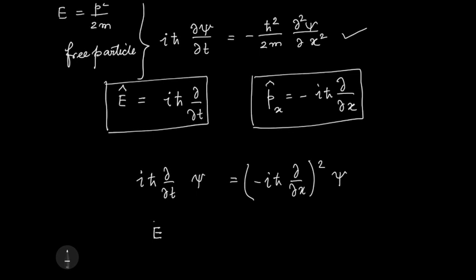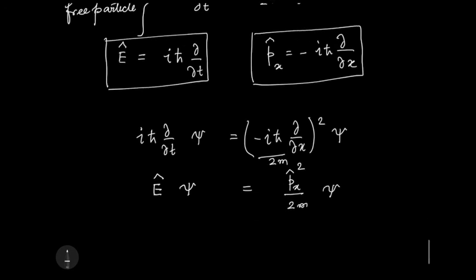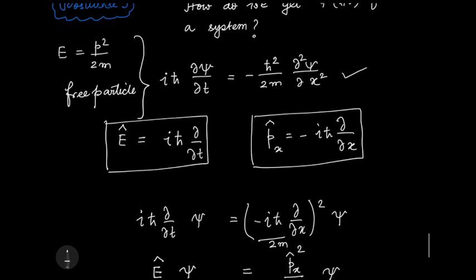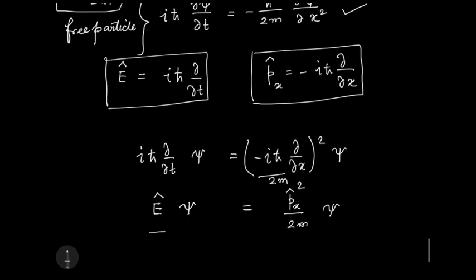So this essentially is E on the left hand side, and on the right hand side what I have is p square divided by 2m. Okay, remarkable, because if you look at the energy and momentum relation now, it looks almost like that.